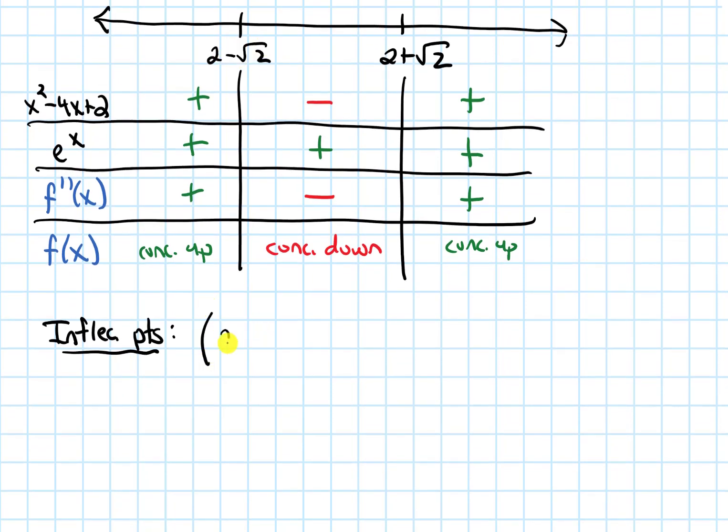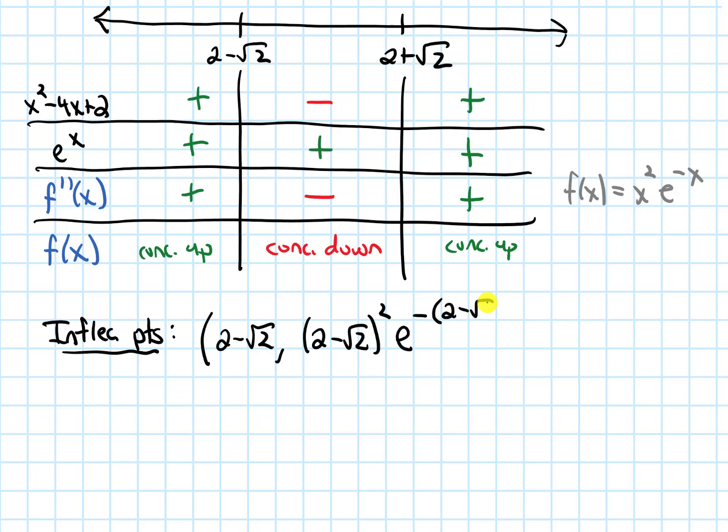The first one's x-coordinate is 2 minus root 2, and the y-coordinate is what I get if I plug this into the original function. Remember, the original function was x squared e to the negative x. So if I plug this in, I get 2 minus root 2 quantity squared times e to the negative 2 minus root 2.